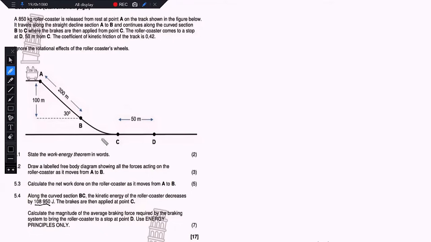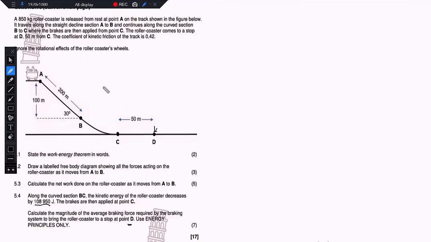The brakes are then applied at point C, and then it comes to a stop at point D. Calculate the magnitude of the average braking force required by the braking system to bring the roller coaster to a stop at point D. Use energy principles only.